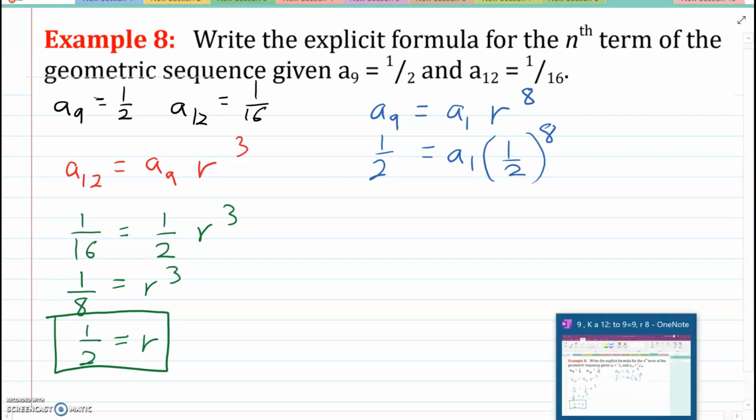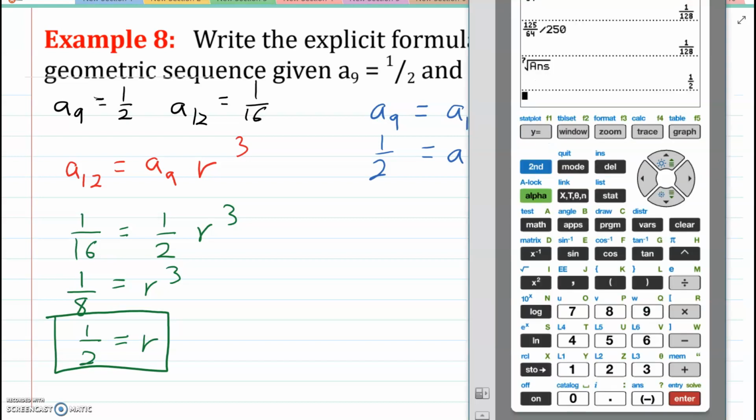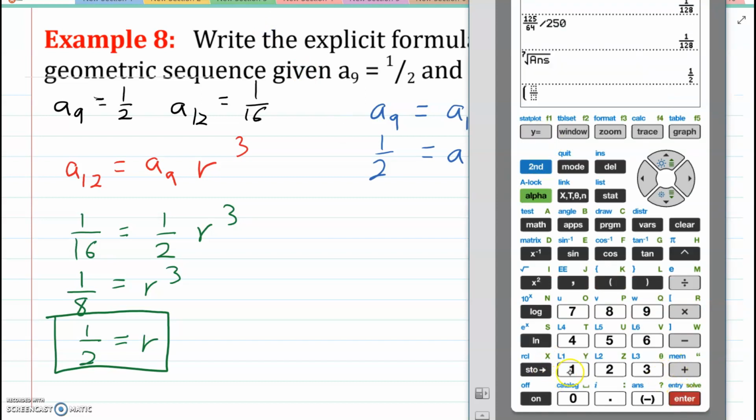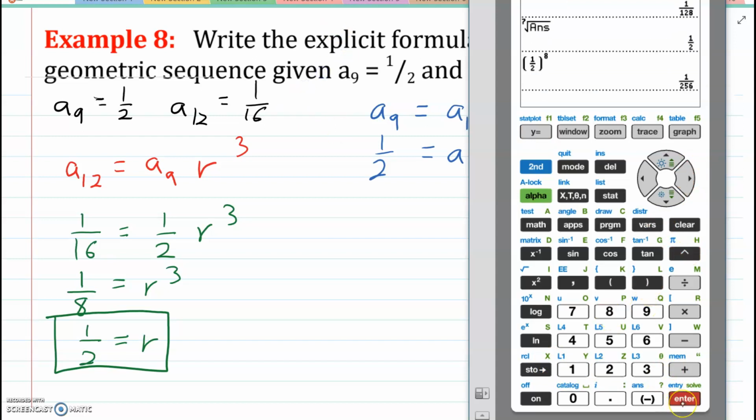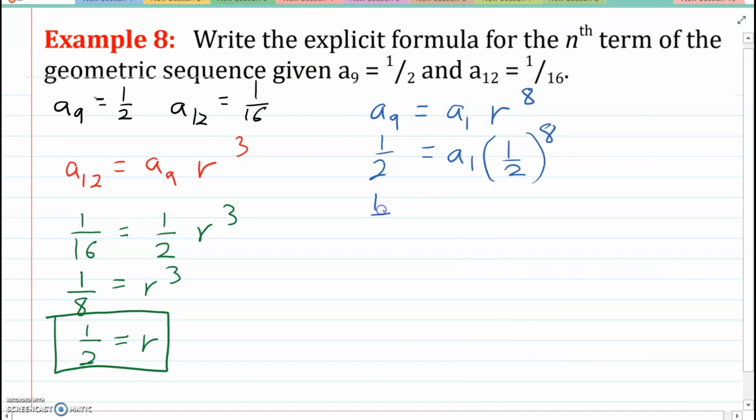And so I'm going to take my calculator out here, and I'm going to go parenthesis, use my fraction bar, say 1/2, and we're going to raise that to the 8th power. So I'm looking at 1/256. So here we go. A sub 1 times 1/256.